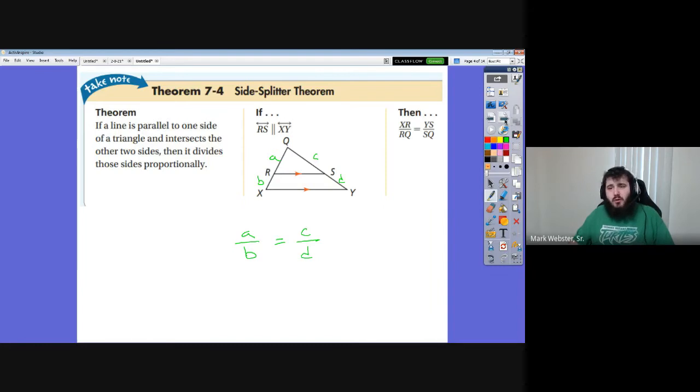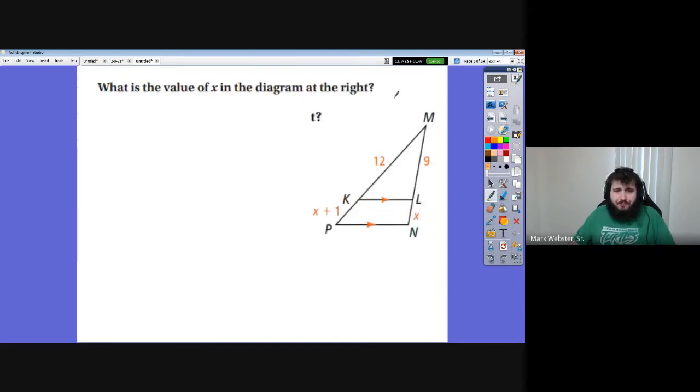Okay. So going forward, like I said, I don't want to do too much thinking here. All I have to do, I'm going to put a fraction bar here, put an equal sign in the middle, and then I'm good to go. 12 over X plus 1 equals 9 over X, right? See what all I did? This over this, equal sign in the middle.